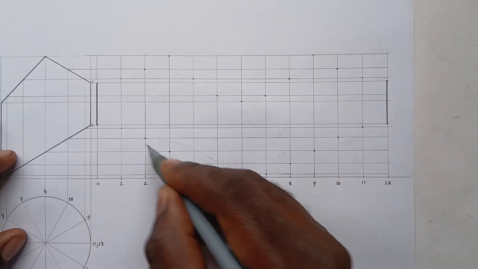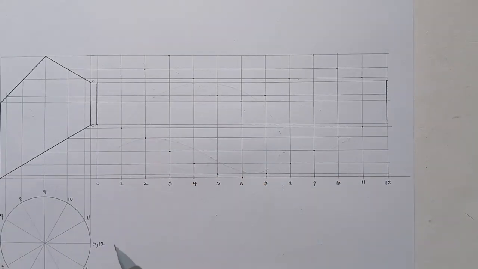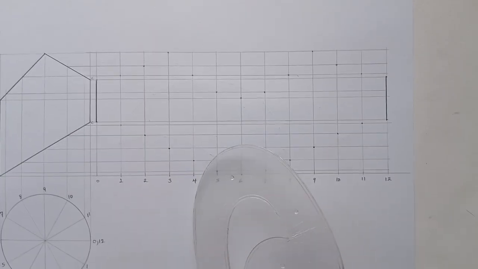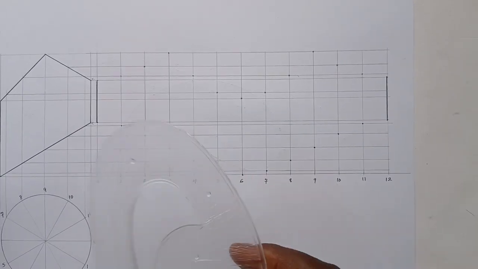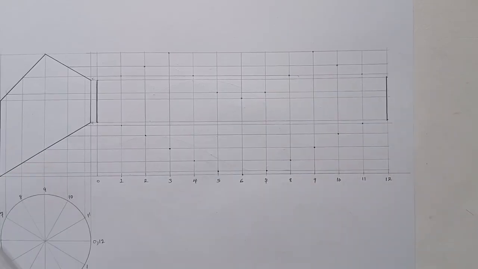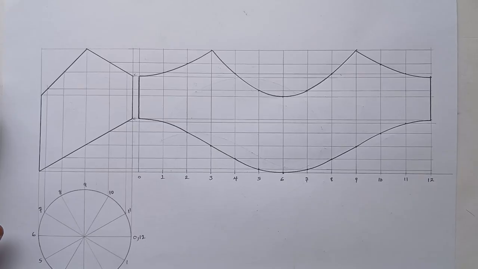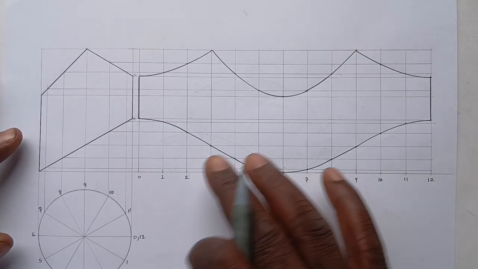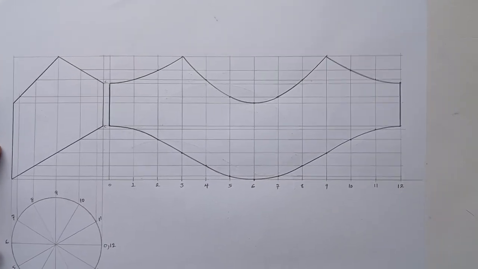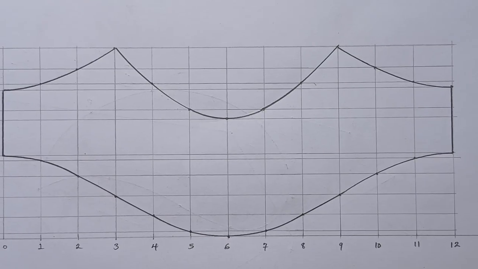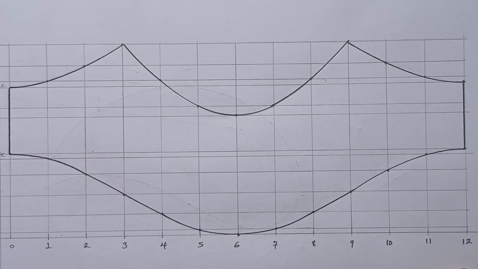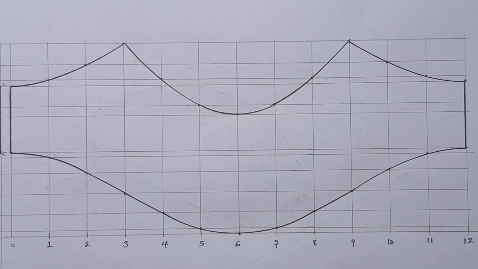You should already know how to do that. If you don't know how to use a French curve professionally, you can see a video I did on how to use a broomstick and a French curve. You can go over that video and practice more. So I'll just do that quickly. Okay, so this is what you get at the end of the day. The development, like the shape of a bat or something.